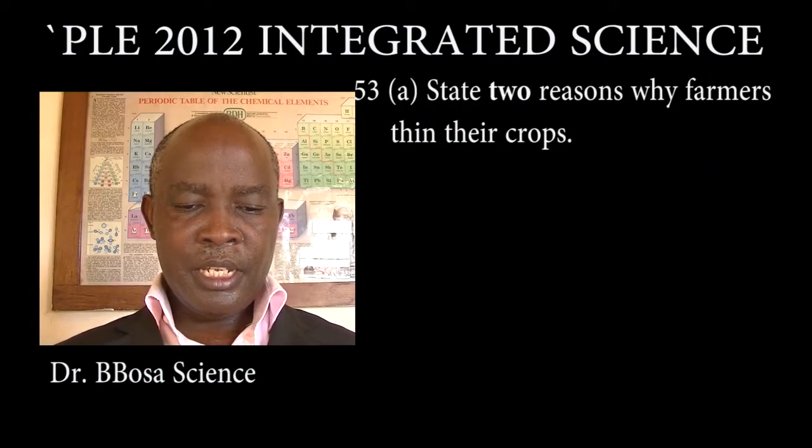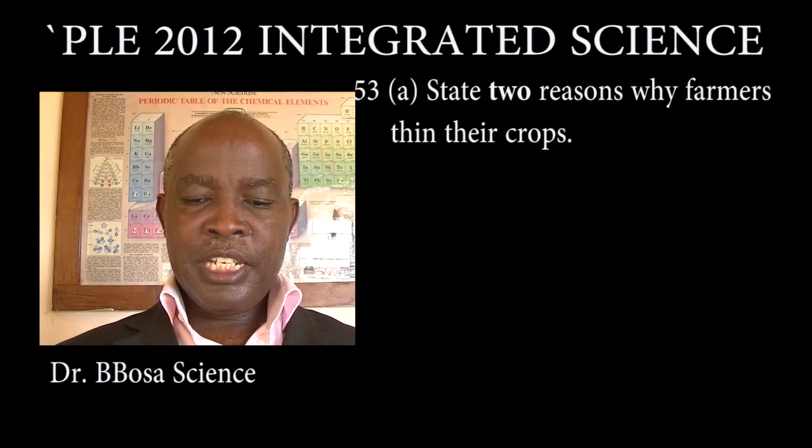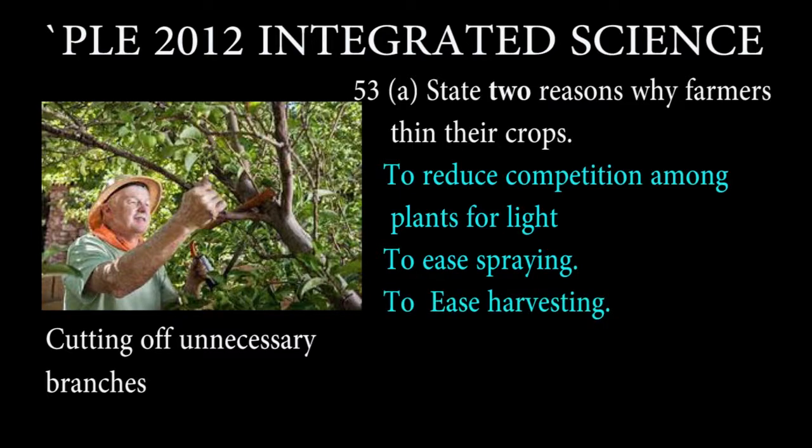Number 53A. Give reasons why farmers thin their crops. To reduce competition among crops for sunlight, to ease spraying, to ease harvesting, to improve crop yields.